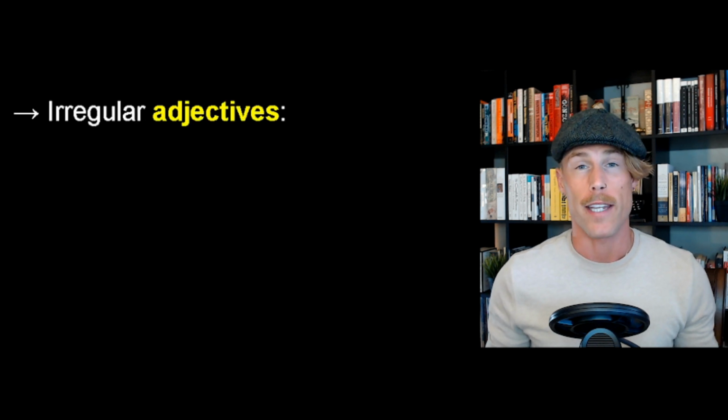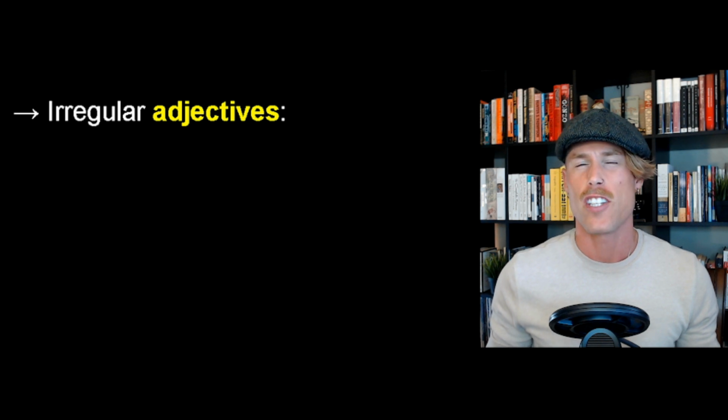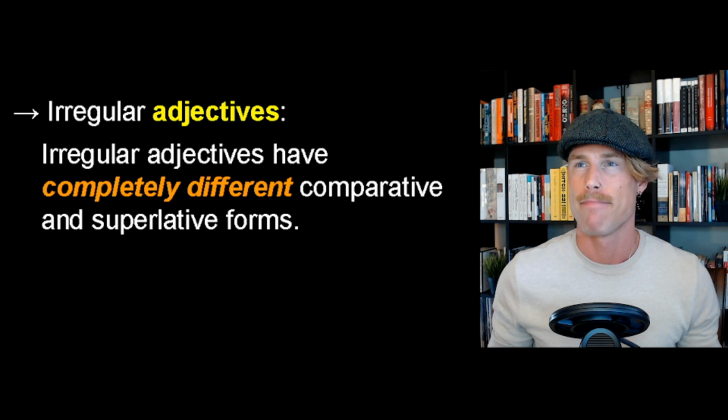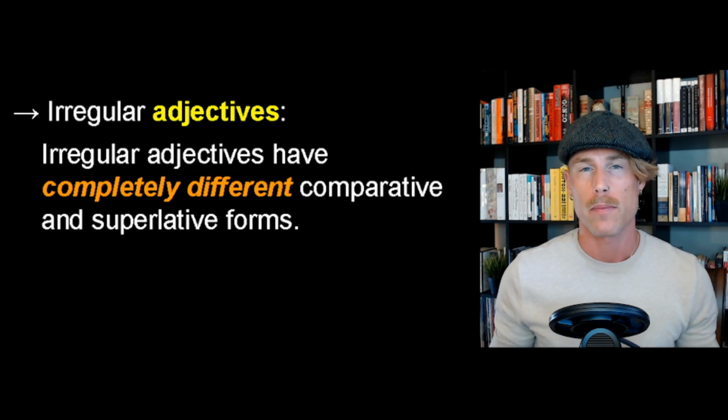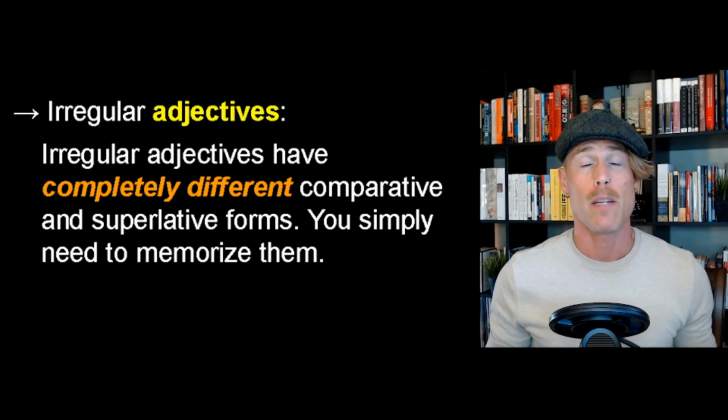Okay, irregular adjectives. This part is really fun. I'm kidding. Irregular adjectives have completely different comparative and superlative forms. You simply need to memorize them. I don't have a good tip for you.